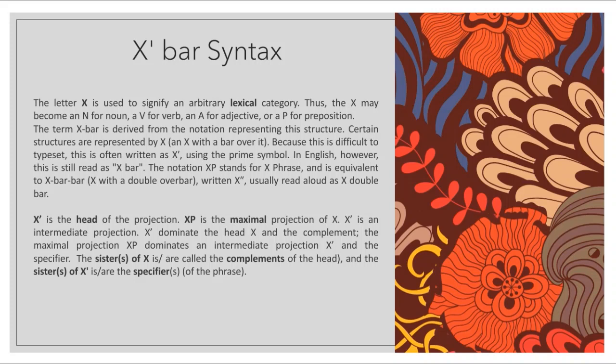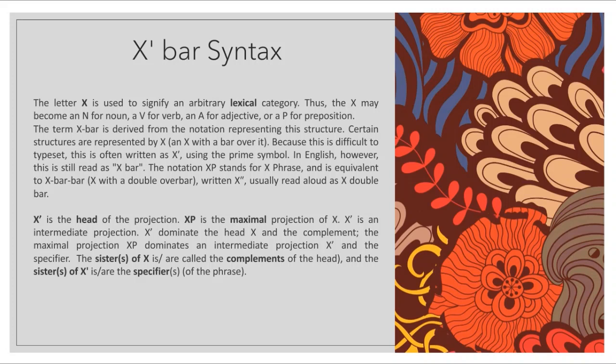The term X bar is derived from the notation representing this structure. Certain structures are represented by X, an X with a bar over it. Because this is a difficult typeset, this is often written as X with a prime symbol.